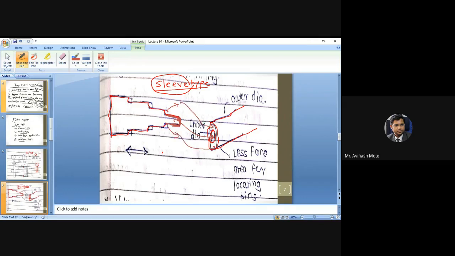Are you getting? Simple. This elongated part will go inside this hollow area, and these two surfaces will rest on this side area. And you can easily eject the product.